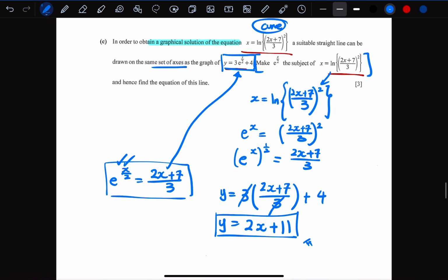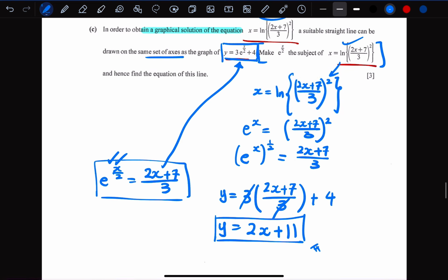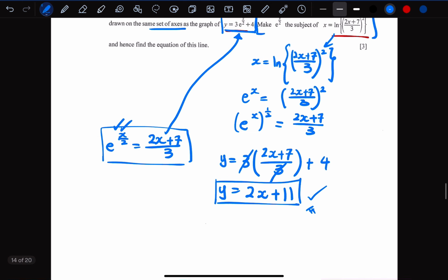Okay, so even if you don't understand the entire question up here, make sure you just follow the instructions of making the subject, and then you will need to know what you need to use this for, which is just subbing into this curve graph to get a straight line graph. Okay, and that is all for this question.